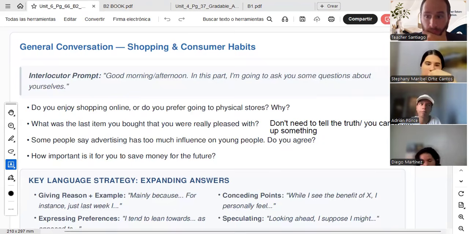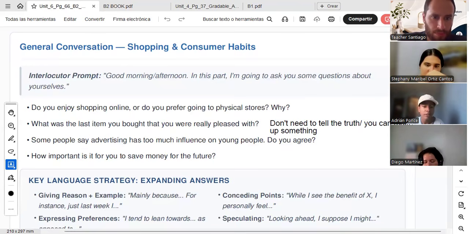I save money in two ways: for my university and for my stuff, for things that I want to buy. And for that type of things, I'm not really good at it.